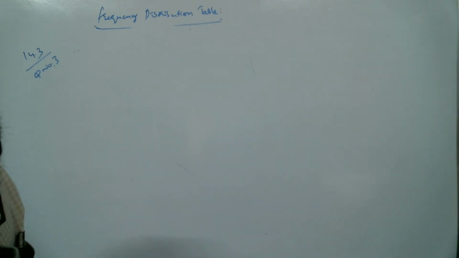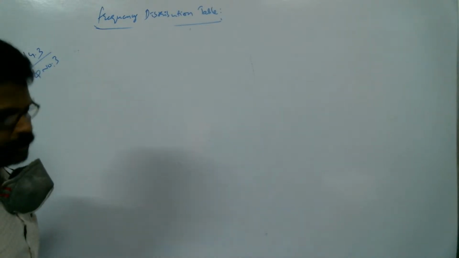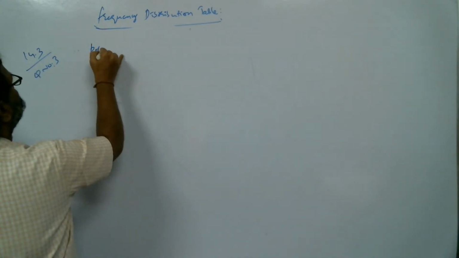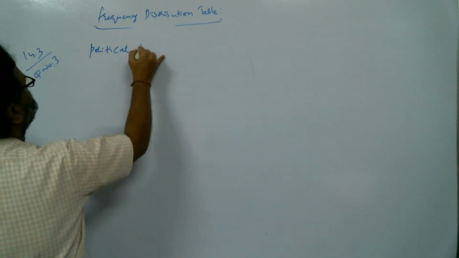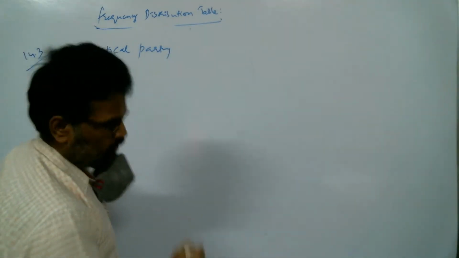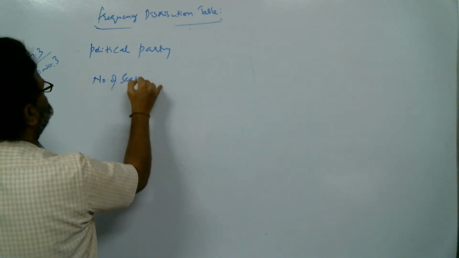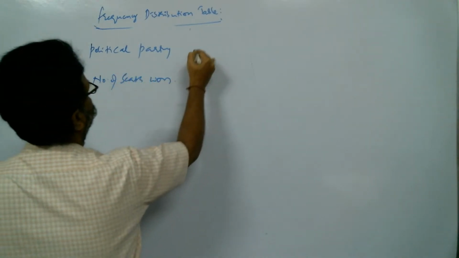Seats won by different political parties in the polling outcome of a state assembly elections. So there are political parties A, B, C, D, E, F like that. Number of seats won. It is like frequency, right?